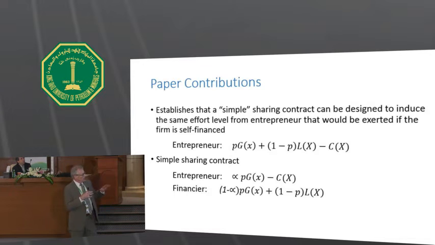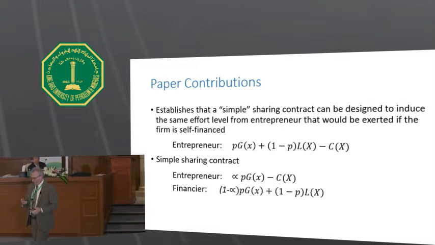And the key here is that by going through the optimization problem, you can find an alpha, if you will, or a sharing contract that will allow you to achieve the first best optimum under the standalone self-financing contract. And that's the benefit of this approach, right?